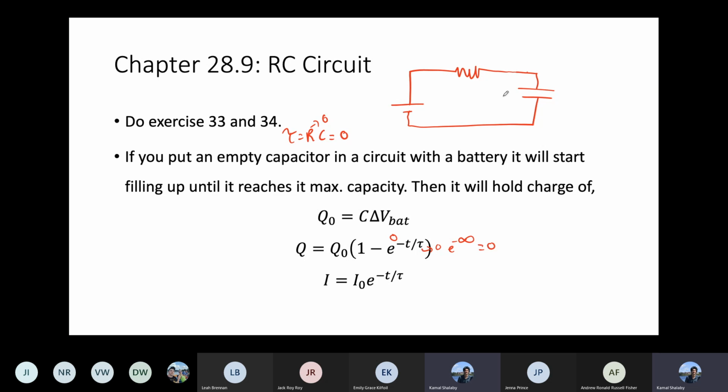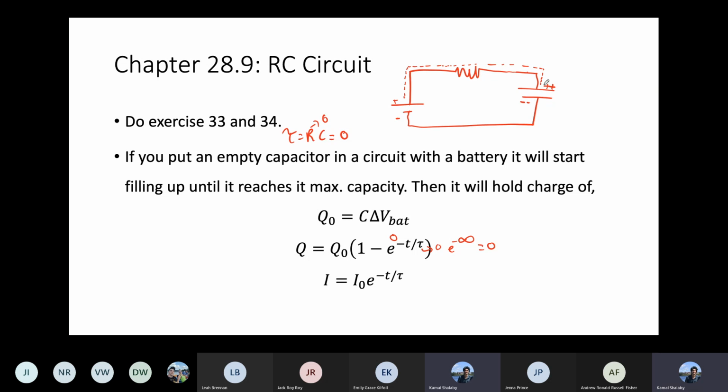So if the capacitor is empty, the positive charge from the battery would be moving normally, as if there's nothing, and then it will be stopped by this layer. So you have a positive charge accumulated over here, and this positive charge will attract negative charge on the other side.